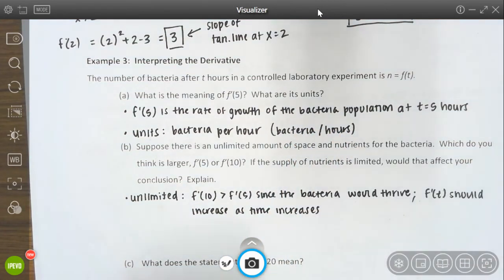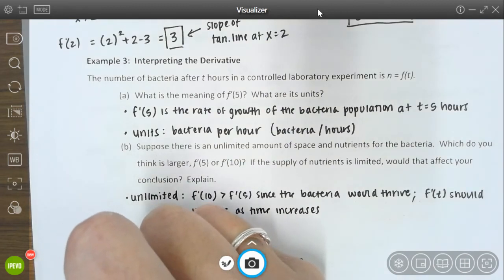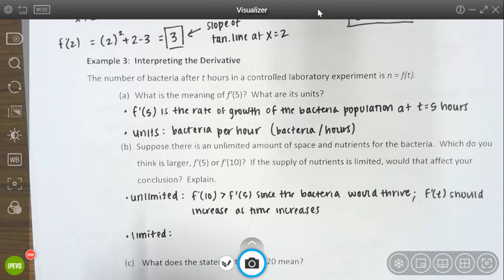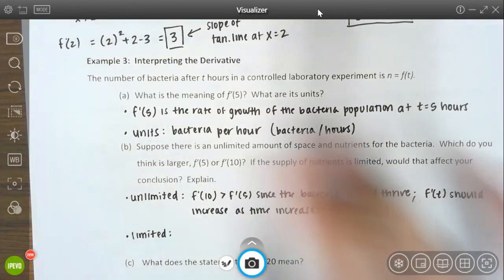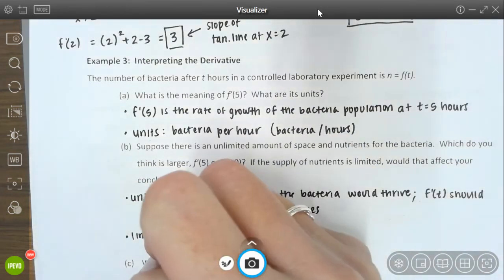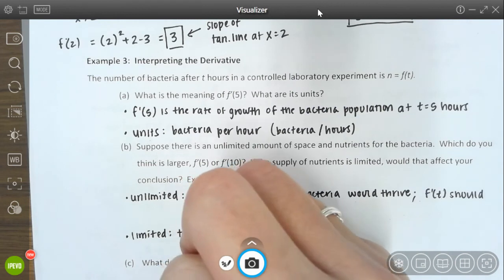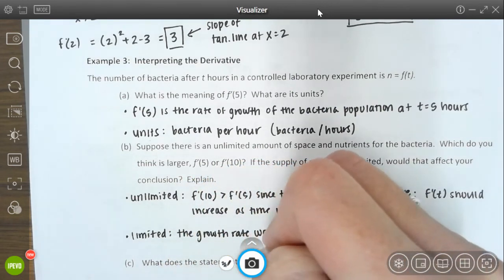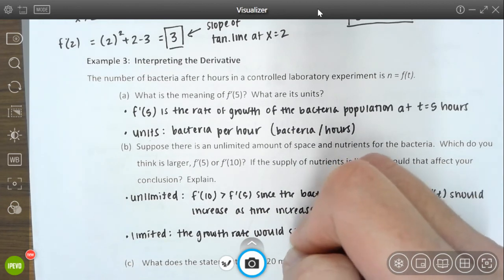But if we were talking about a limited amount of space, the bacteria population probably isn't going to keep on growing if we run out of space at some point. So it really depends on what the growth area would be. I'm going to say the growth rate would slow down at some point. I don't know what that would be.